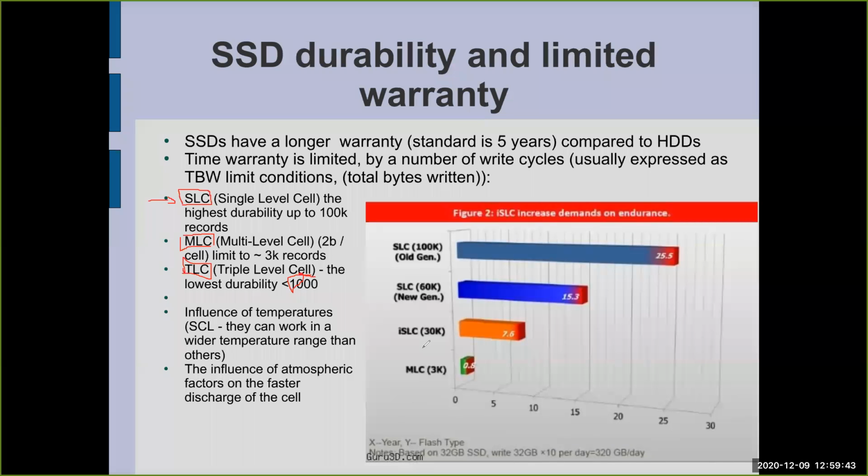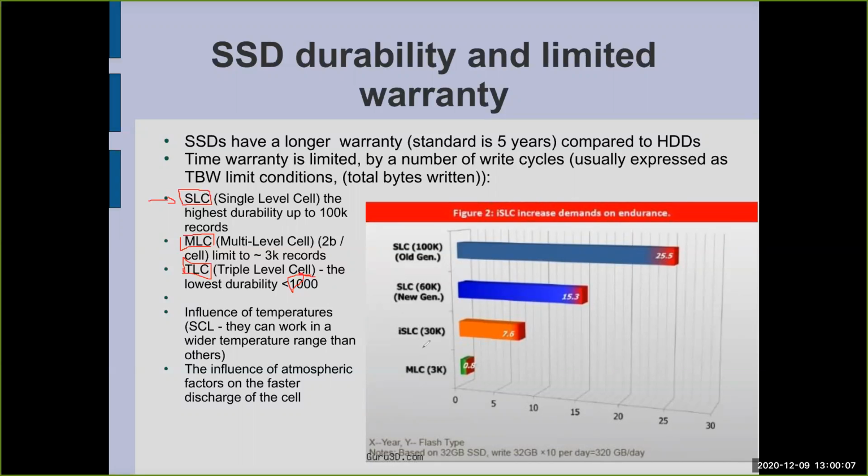But there is a problem if you have a solid state drive and it is almost fully used, so you don't have empty space on this drive. Let's say we have 1 gigabyte of memory. In this case, the routing is very limited.